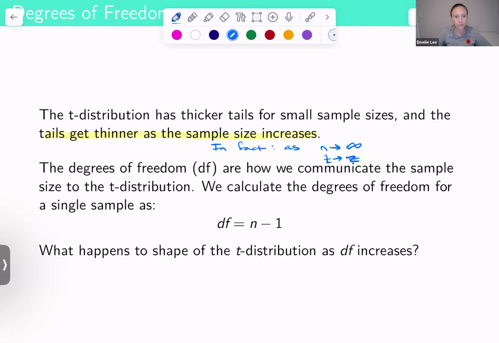Okay? Or capital N, the population size. I like to think of it as infinity instead. Okay?